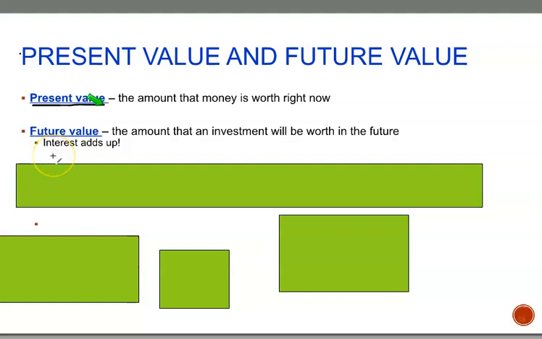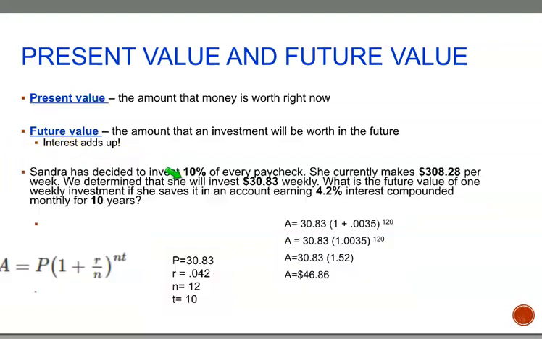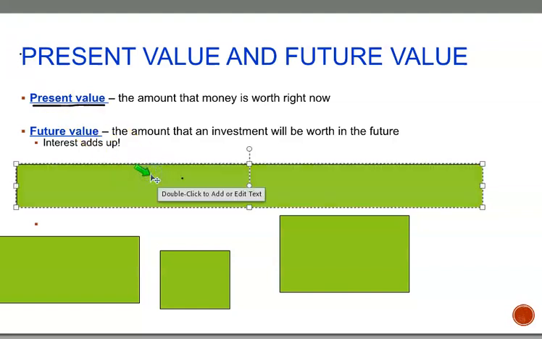Now the interest adds up, so we'll have a formula that is very familiar to you by now. We want to predict what the future value of the amount we're investing today will be in 5 years, in 10 years, in 20 years, in 30 years.